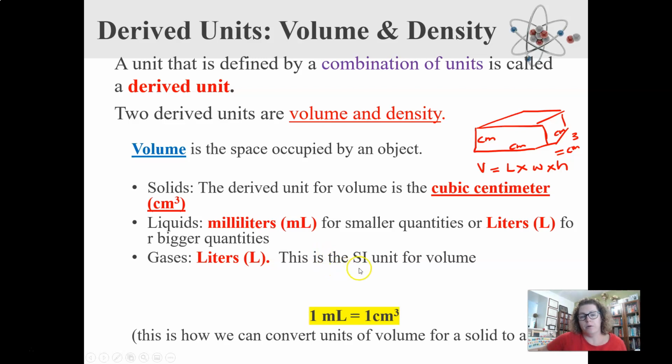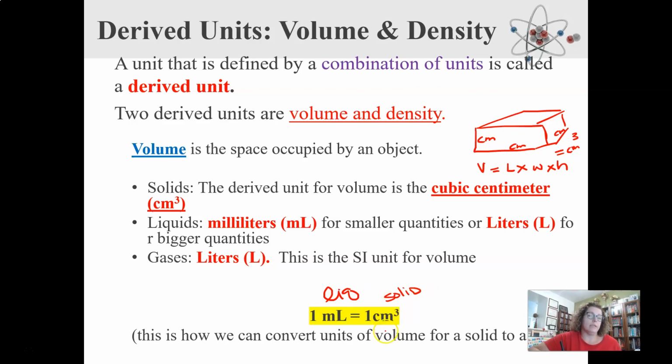A very important concept is converting units, okay? And I highlighted it because I want you to highlight it. If we want to take mils, and remember mils is for liquids, and convert that and change the state of matter, like what if we had some liquid water and we froze it to ice, solid water? Well, centimeters cubed is usually the one we would be using.